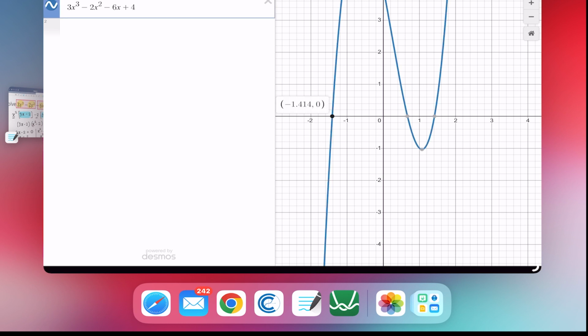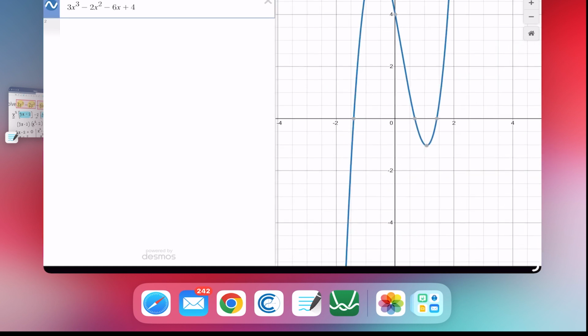Negative 1.414, which is negative radical 2. Positive 1.414, which is positive radical 2. And 0.6667, which is 2/3. So you have negative radical 2, positive radical 2, and 2 over 3.